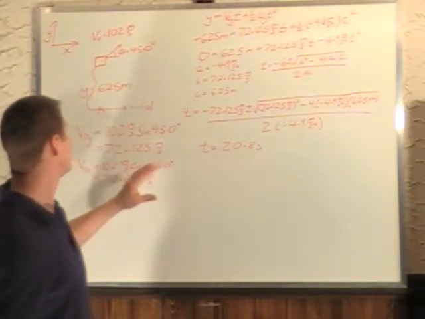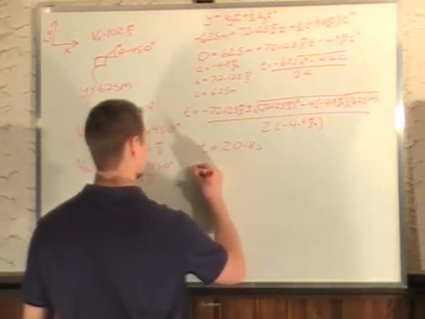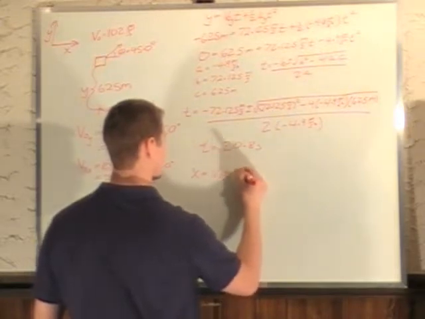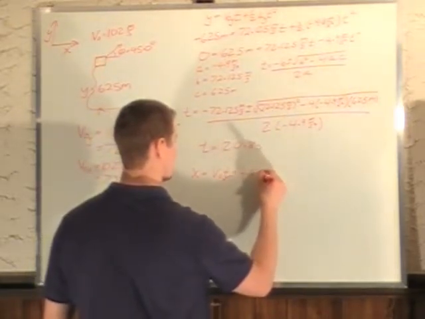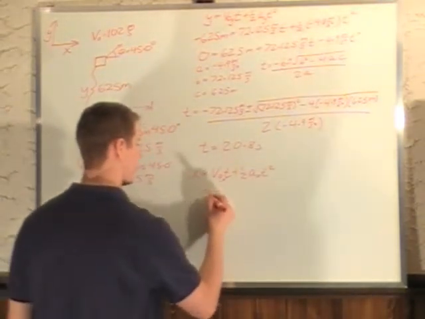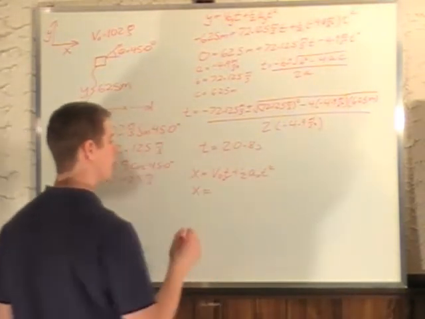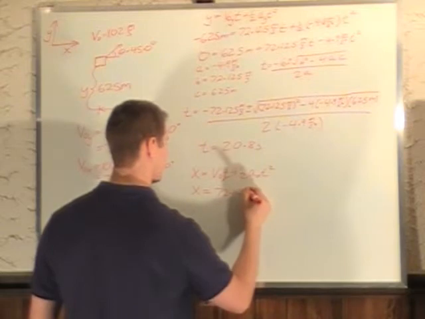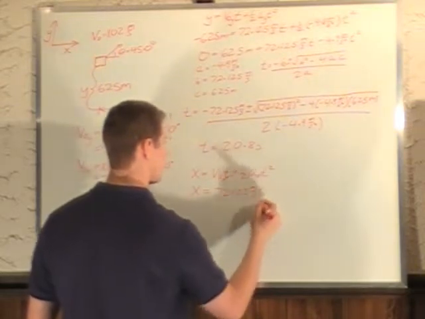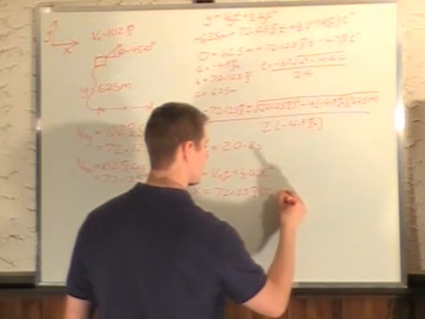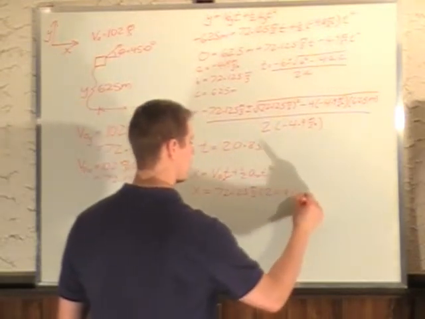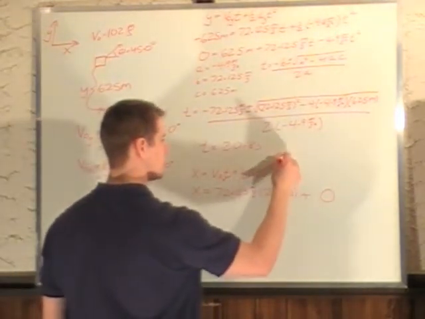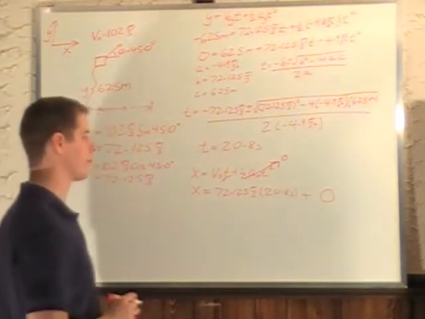In this case, all we need to do now is use our distance formula in the x direction. Now x equals v naught x times t, plus 1/2 acceleration in the x direction, t squared. X equals v naught x, 72.125 meters per second, times our time of 20.8 seconds, plus a whole big zero here, because this acceleration is 0, so this whole term just turns to 0.